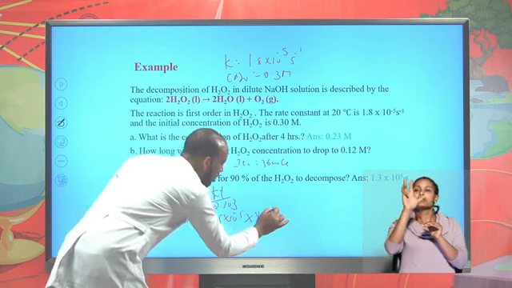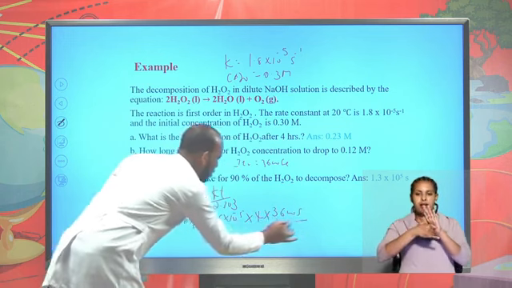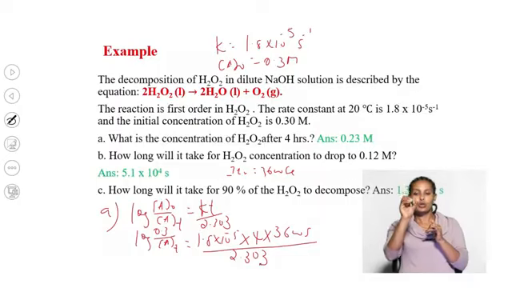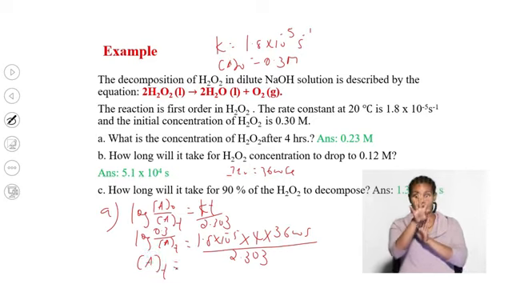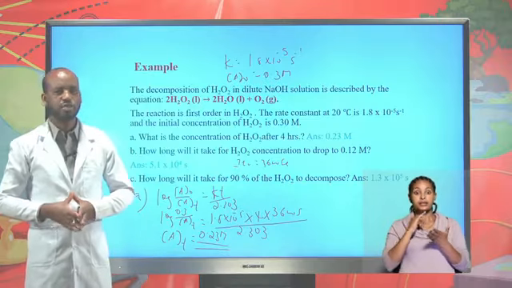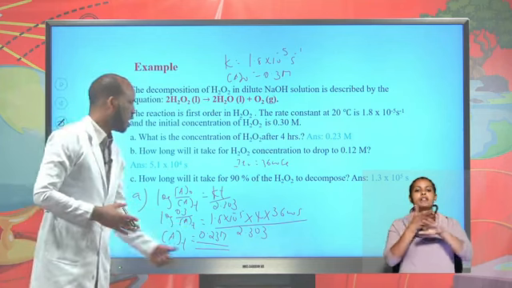Therefore, 4 times 3,600 seconds divided by 2.303. Solving for the concentration of M after 4 hours, it equals 0.23 molar. This is the concentration after 4 hours.